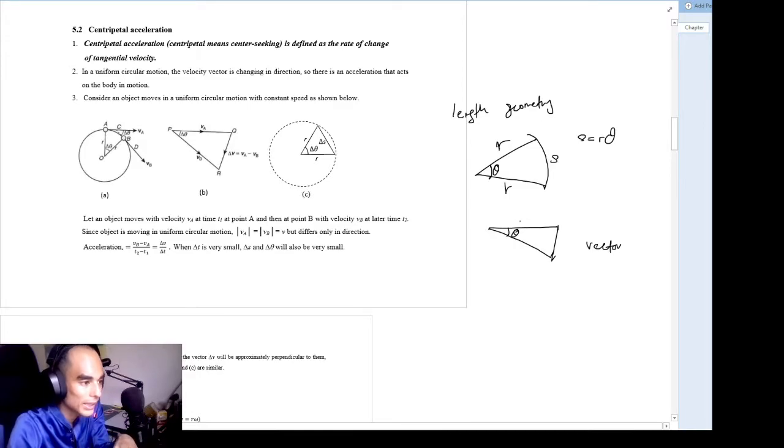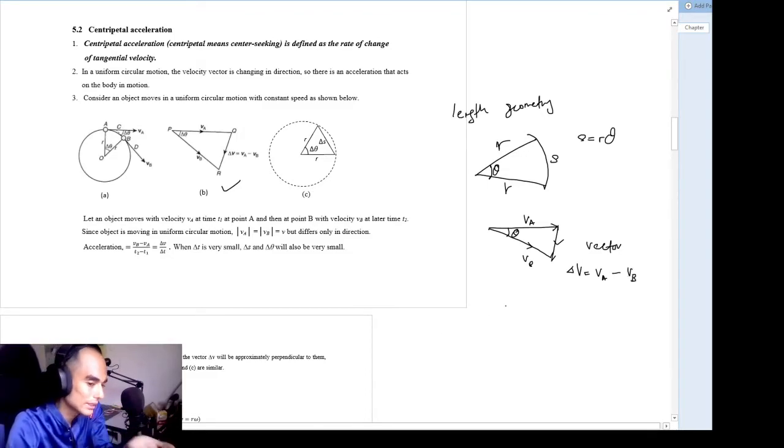So the vector diagram has VA over here pointing to the right. You can see over this side VB pointing towards the downside, and minus over here. So change of V equals VA minus VB.